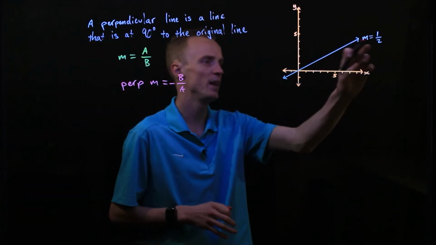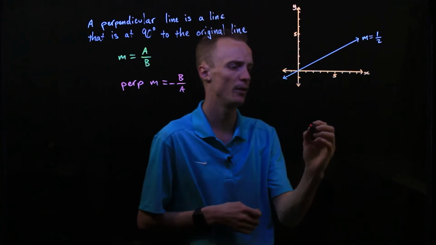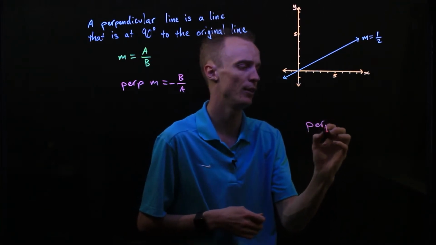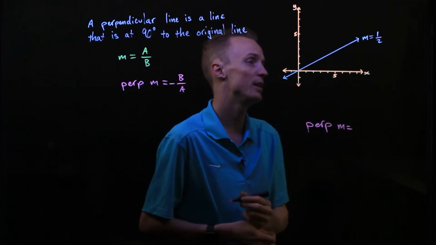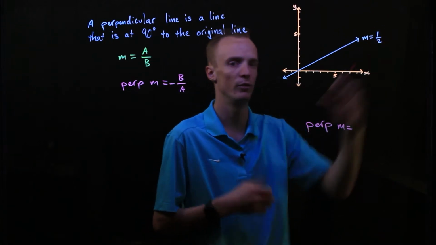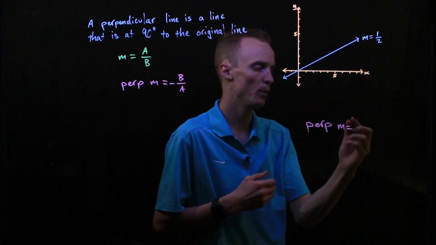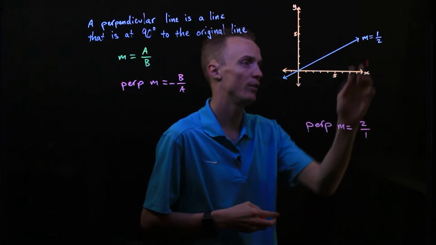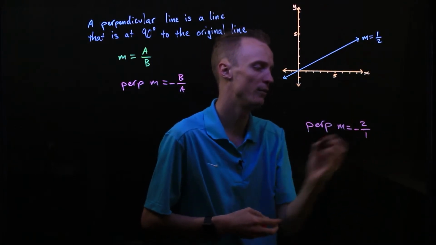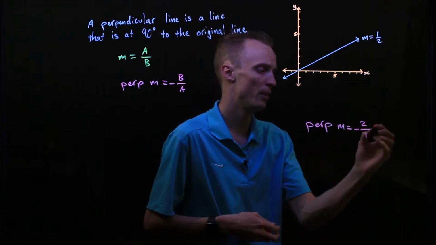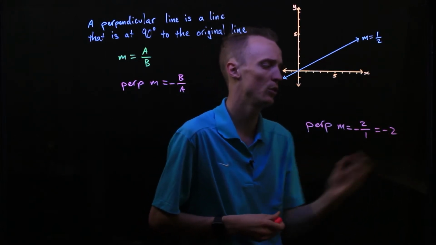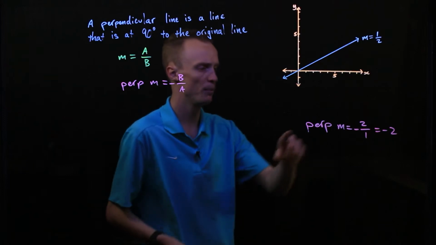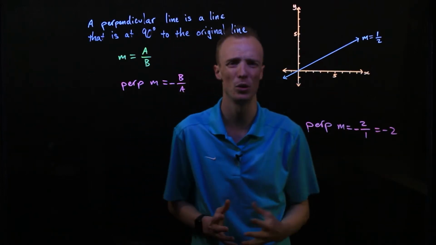So what that would mean here is our perpendicular slope is equal to this fraction flipped over, so 2 over 1, but the negative of it. So it's now going to be negative of that. Now 2 divided by 1 is equal to negative 2. So I'm predicting that our perpendicular slope will be negative 2.